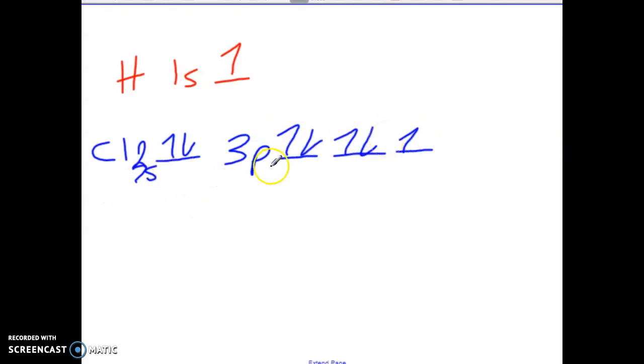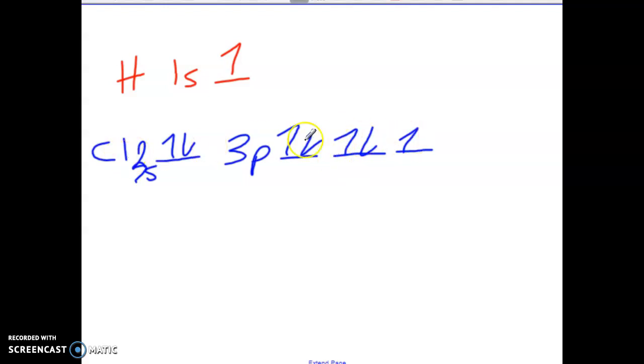So even though this is the valence shell for chlorine, the only electron here that has the ability to bond is this last one. The reason for that is, remember, you need to have a half-filled orbital in order to create a bond. You cannot create a bond with something that's already full, because the maximum number of electrons that can fit there is 2.